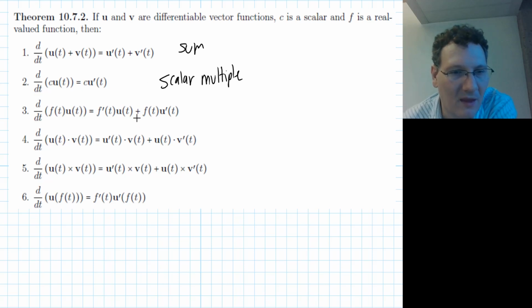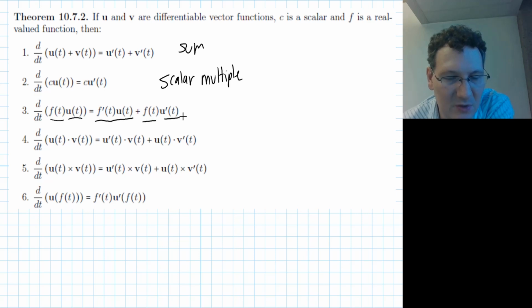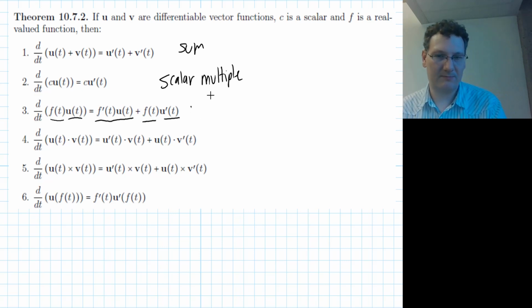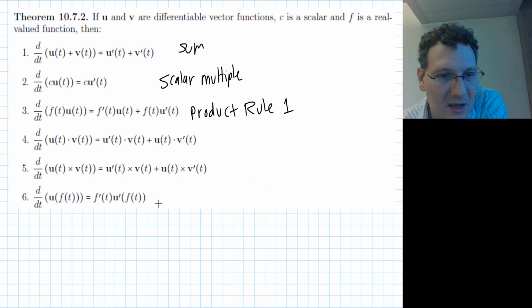Now, the next one, if you have a single variable function times a vector function, the derivative of that is going to follow a product rule. So it's going to be f prime of u plus f times u prime. So this is like the product rule. That's the first product rule. The derivative of a dot product is going to also follow a product rule kind of formula.